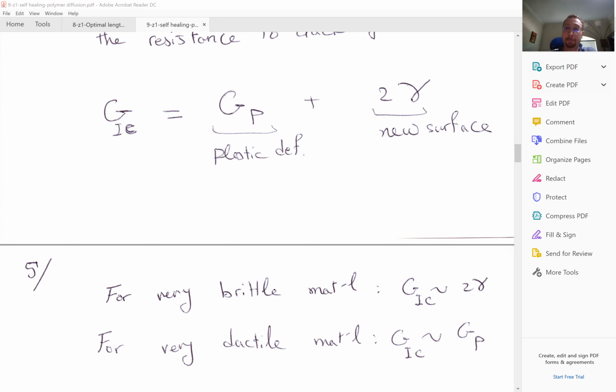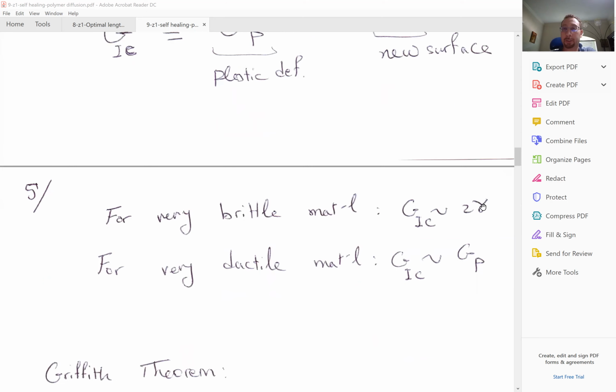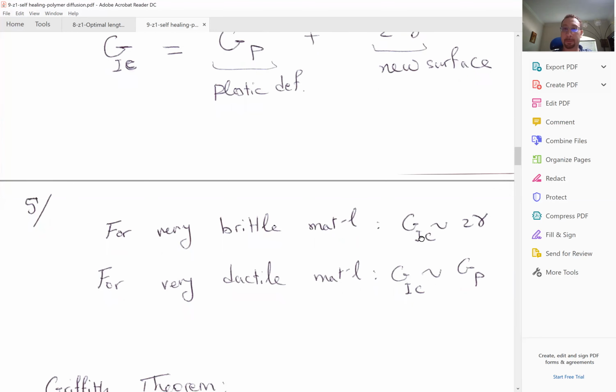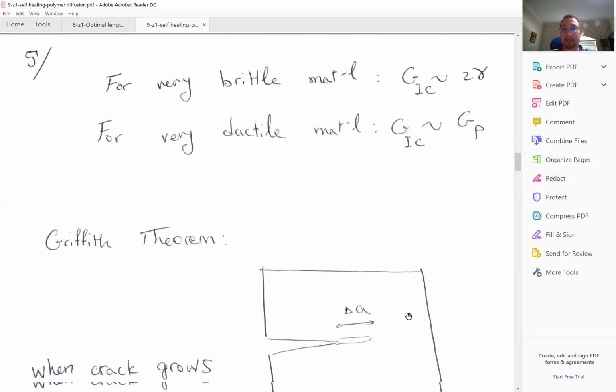Now, for a very brittle material, we don't have much plasticity, so G1C is going to be pretty much this component. For materials that deform very plastically, this GP, where P stands for plastic, will be the dominant factor.